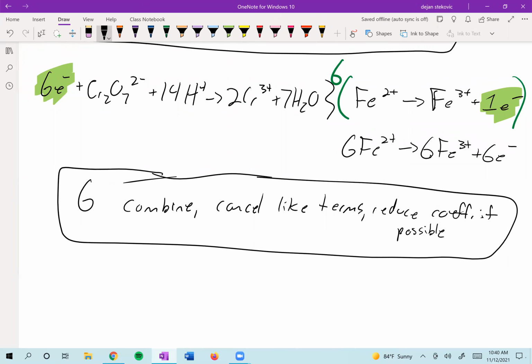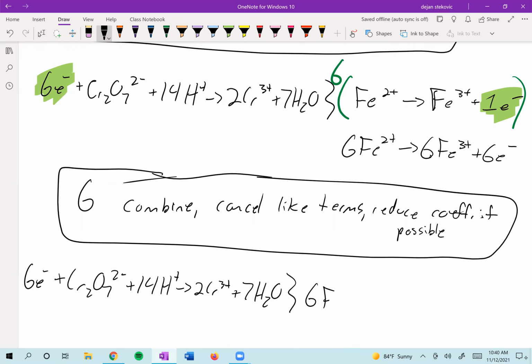So again, I'm just going to rewrite the equations. 6 electrons plus a dichromate plus 14 H pluses goes to 2 chromium 3 pluses plus 7 waters. And then on this other side, we have 6 iron 2s goes to 6 iron 3s and 6 electrons.